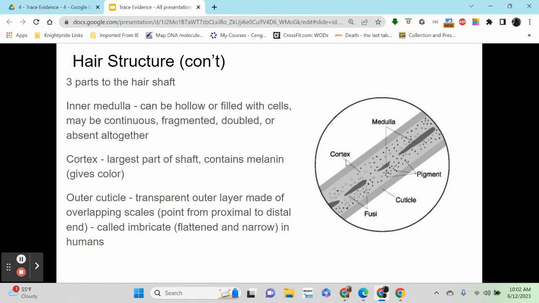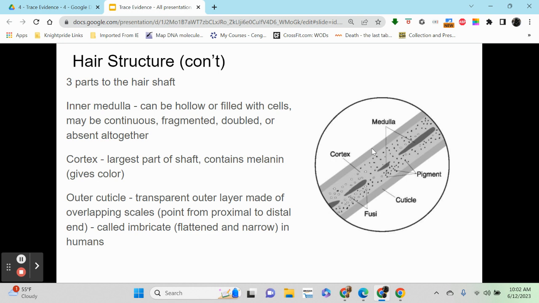And then the outer cuticle, the part that's made up of overlapping scales. What you'll see is that different organisms will have different scale or cuticle patterns, and that can be used to discern between different animals, maybe even different species of animals.